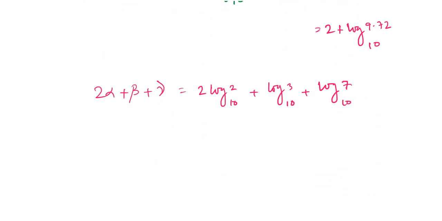So that can be written as log of 2 square into 3 into 7. So what will be the answer? That can be written as 1 plus log 8.4 base 10. Yes or no?